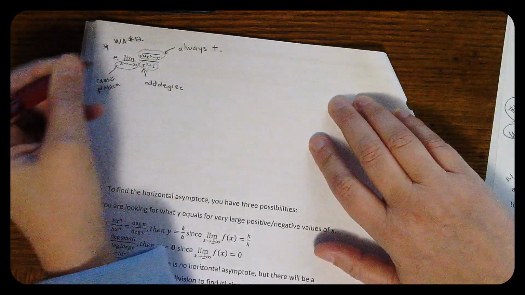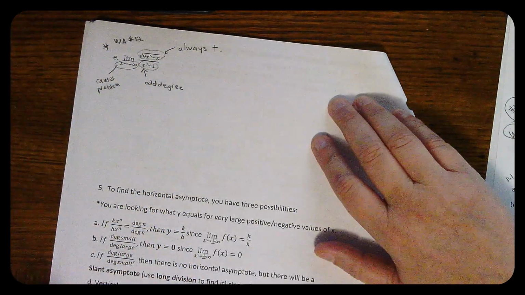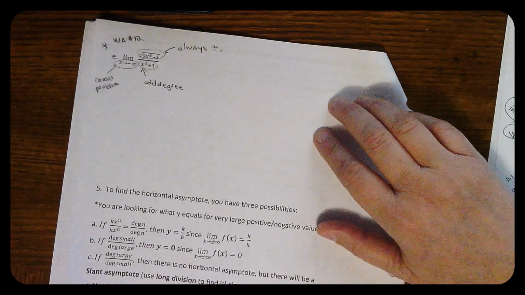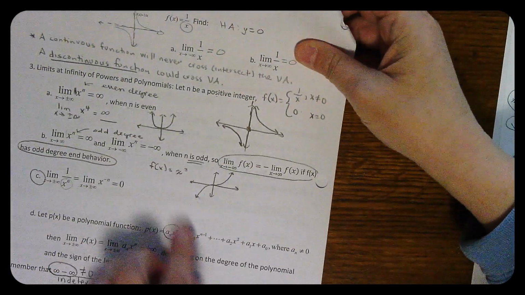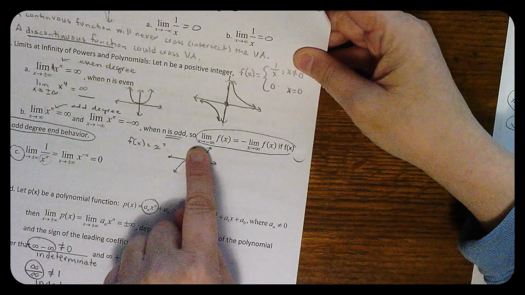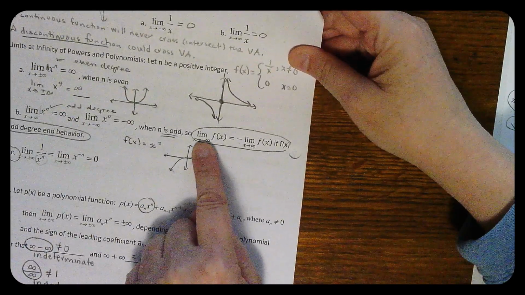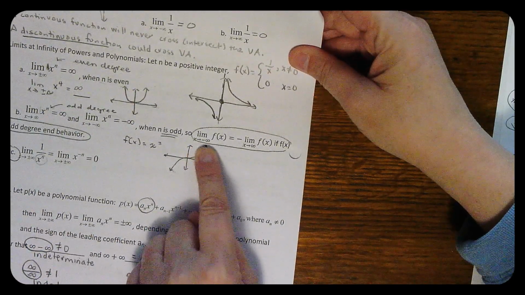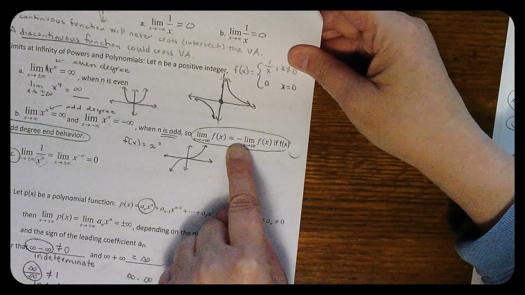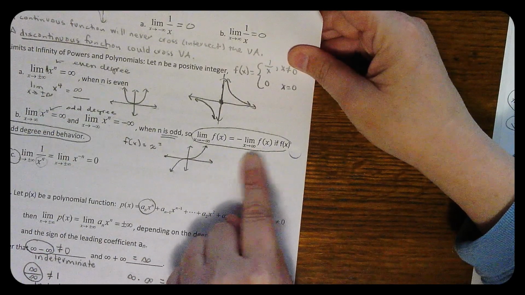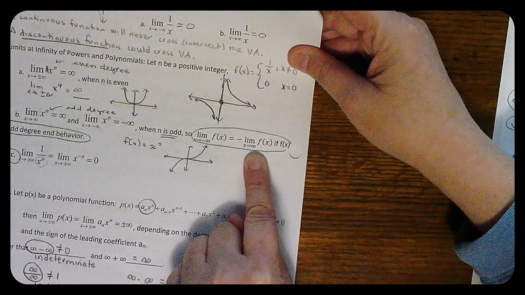So whenever I have a limit as x approaches negative infinity with an odd degree, I love to use this right here. So this b, if you have an odd degree, the limit of f of x as x approaches negative infinity is equal to the negative of the limit of f of x as x approaches positive infinity.